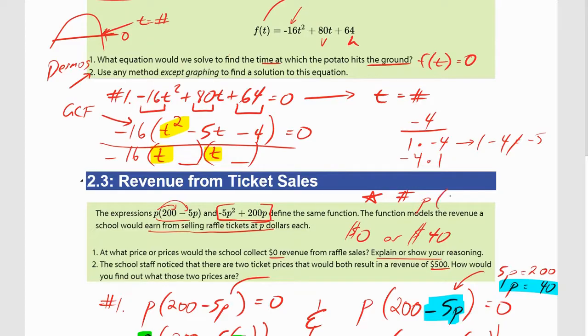Let's do p times 200 minus 5p equals 500. So how can we solve for that? Think about what times what gives you 500, right? We know 5 times 100. We know 4 times what? 125?